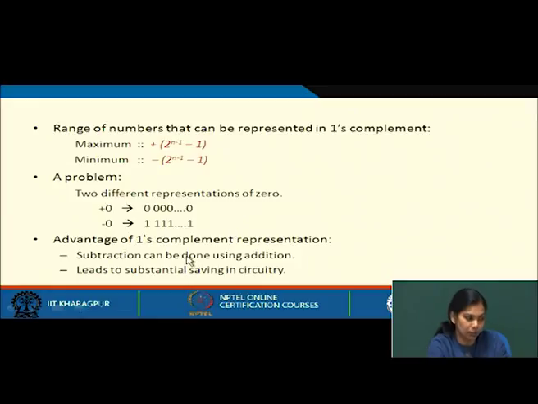But there are a few advantages, that is, using 1's complement, subtraction can be done using addition and it leads to substantial saving in circuitry. You will be looking into all these things in detail in the arithmetic and logic unit.